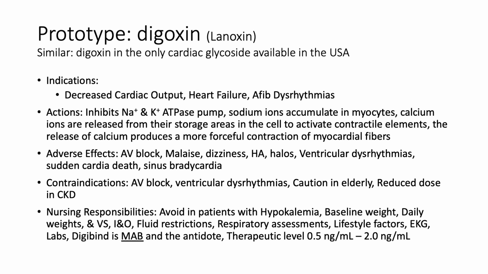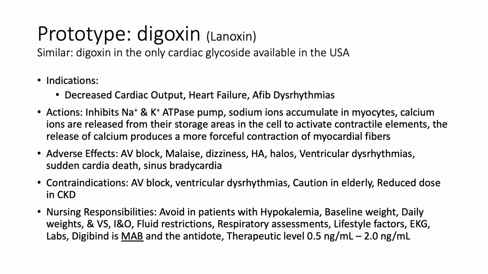The other thing about digoxin is that, yes, in theory, it's a positive inotrope, but it's actually a negative dromotrope and a negative chronotrope. So it slows down the electricity in the heart, and it slows down conduction, the dromotrope part, and it slows down the heart rate, the chronotrope.